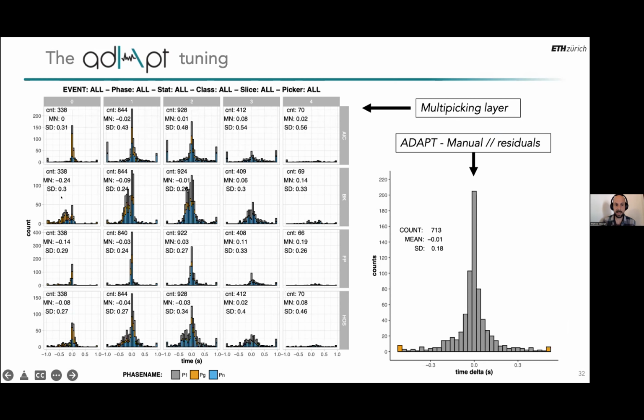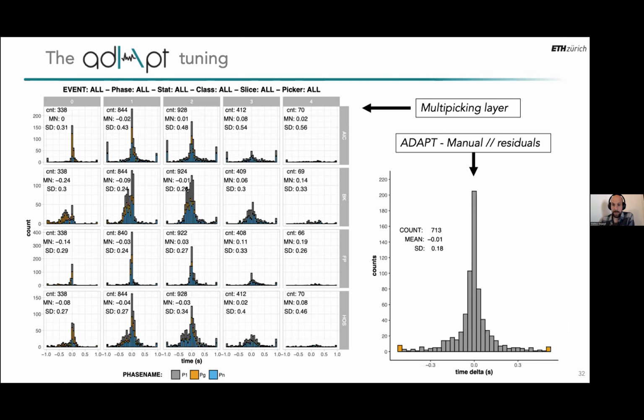On the x-axis, you see the classes that the manual observer gave to the observation, with class 0 being the highest and 4 being the lowest. And on the y-axis, the individual automatic picking algorithms.